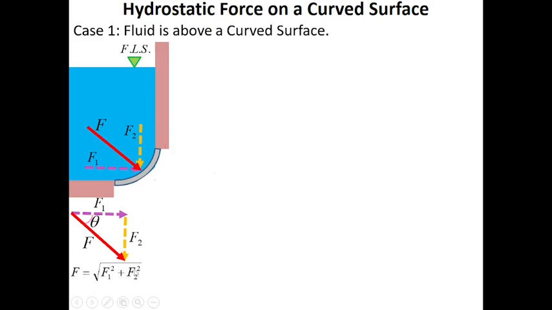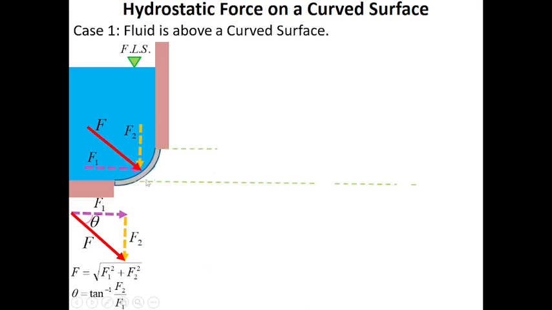So that is square root of F1 squared plus F2 squared. Then we can find the angle between F and F1, which can be obtained by taking the arctangent of the ratio F2 over F1. So arctangent F2 divided by F1.